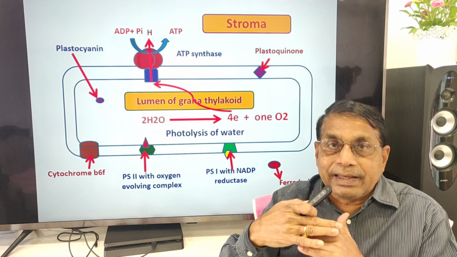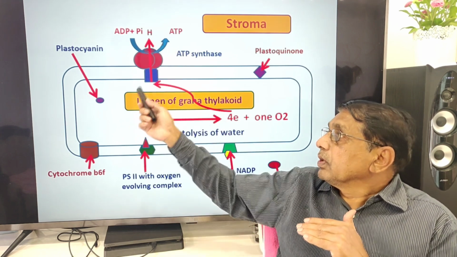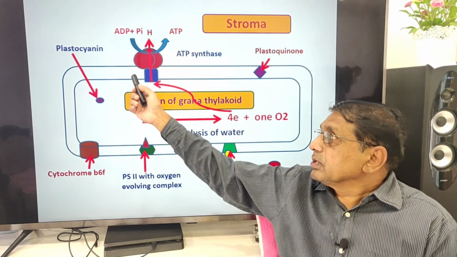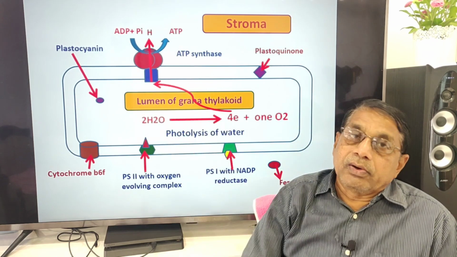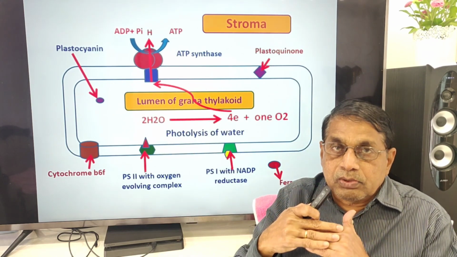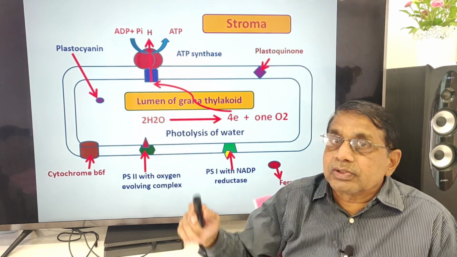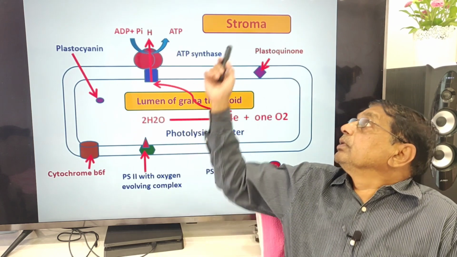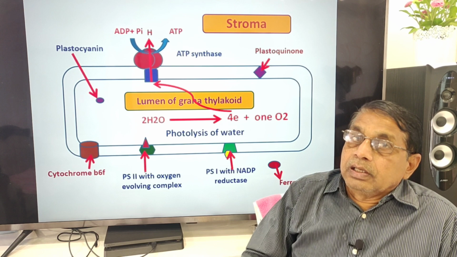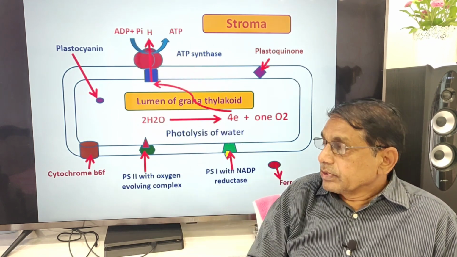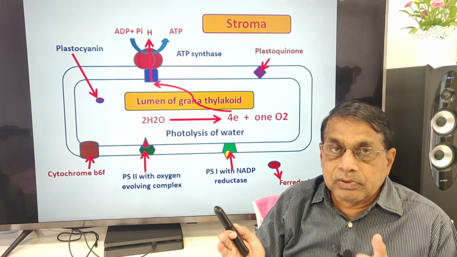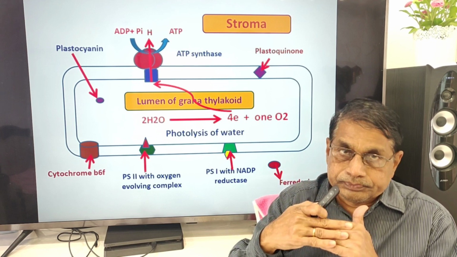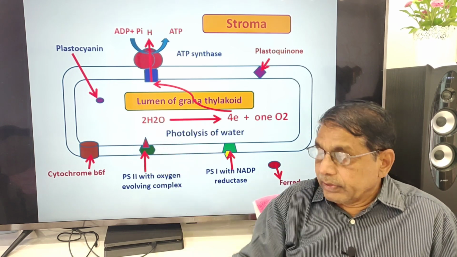Because of this, more protons are on this side and fewer on the other, and a gradient is established across the thylakoid membrane. This is responsible for the synthesis of ATP, because these protons try to go into the stroma region, and ATP is synthesized. This is a very informative diagram, showing the structure of one thylakoid with different types of molecules.